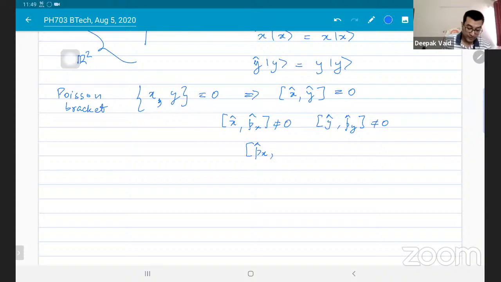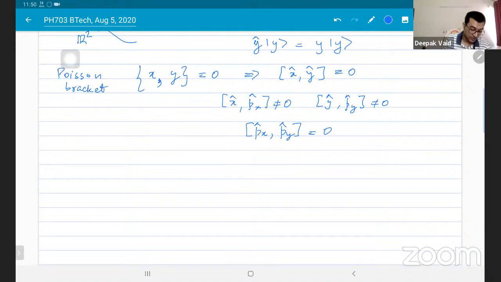And if you take px comma py, that will be 0. So how many operators do you have on this set of states? You have these 4 basic operators, right? You will call them elementary operators for position and momentum.